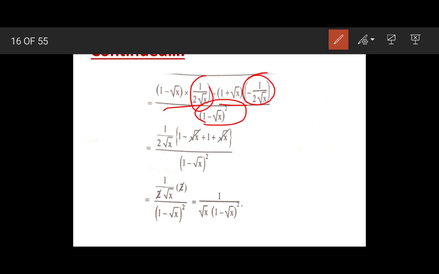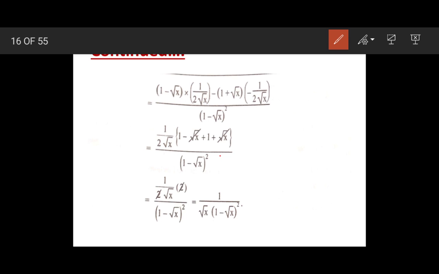Now take this 1 upon 2 root x as common. So remaining terms are 1 minus root x minus 1 plus root x. Okay, so that will be 1 minus root x minus 1 plus root x.